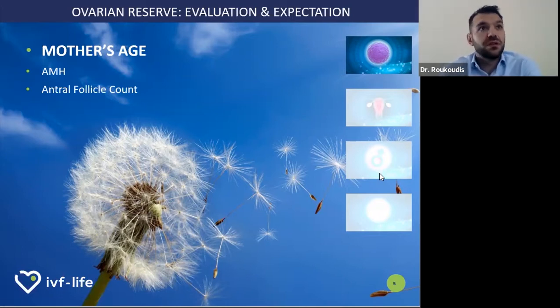Those couples have the woman with, for example, AMH 0.01, and they did stimulation cycle after stimulation cycle without being told that the possibility of success is equal to 0. So here it's very important to be transparent, to speak about the condition, about the ovarian reserve, and then together speak about the additional treatment, the options that are available.